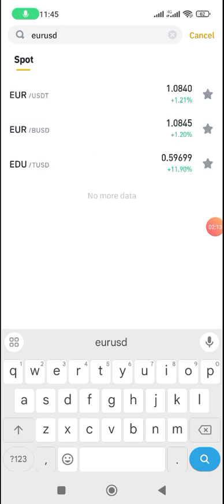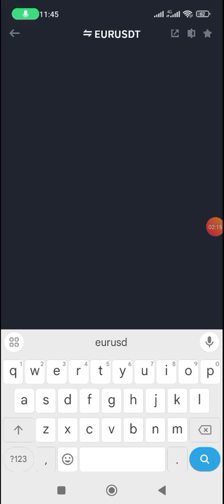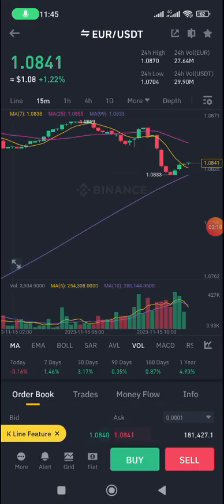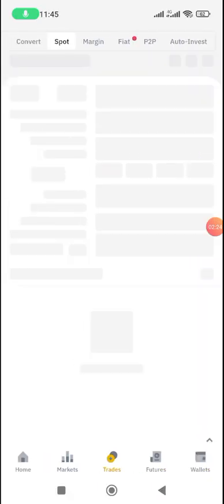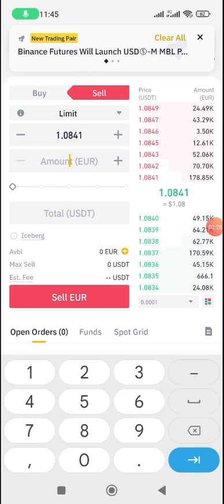You can look at today's rate. The dollar rate is kind of high today, and as of yesterday it was higher. Let's say you want to sell to USDT. It means that 1,000 euros is equal to 184 naira. So this means a lot.